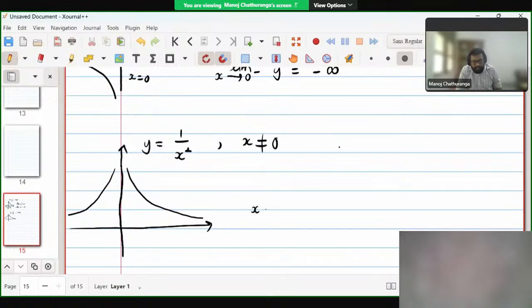So both one-sided limits are equal to positive infinity.